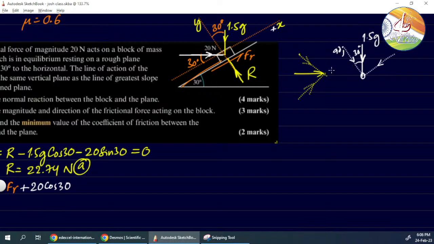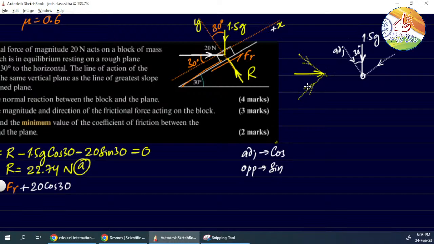Whenever we get adjacent, we should take cos, and whenever we get opposite, we should take sine. So this is adjacent, so we should take cos: 1.5g cos.